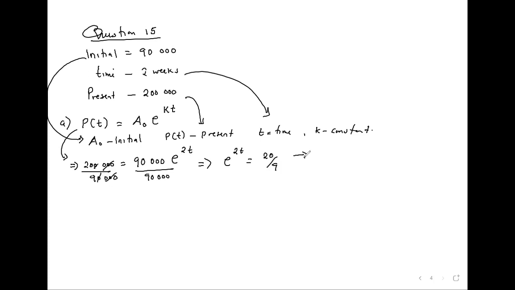And we are solving for K. So obviously, if we change this to exponential, to logs, it's going to be 2K is equal to ln. Because of this guy, I'll use the base ln.